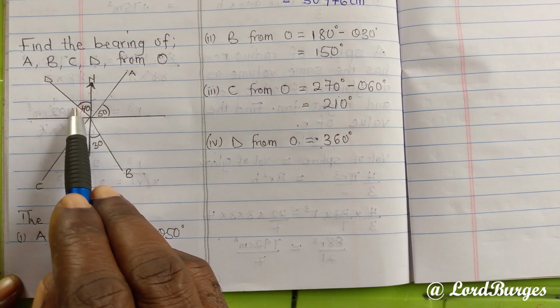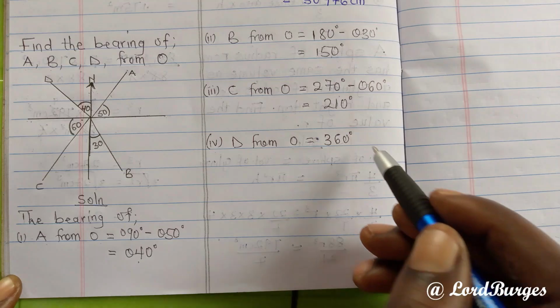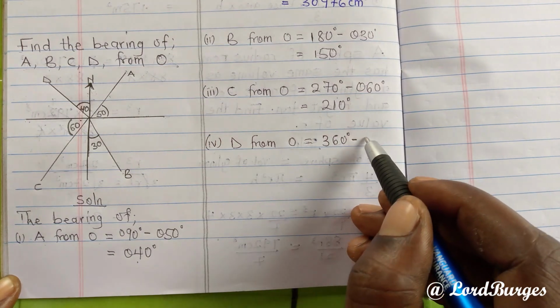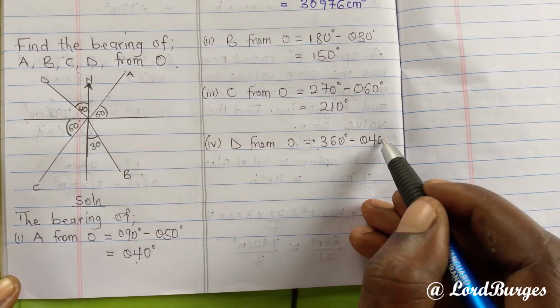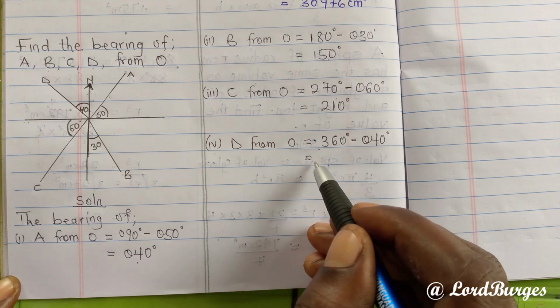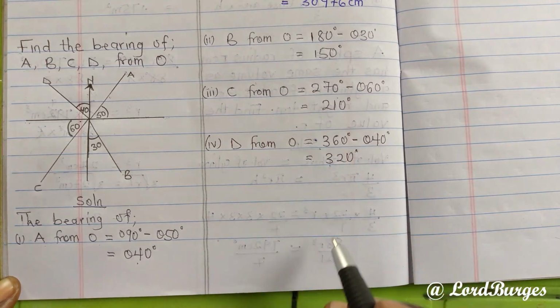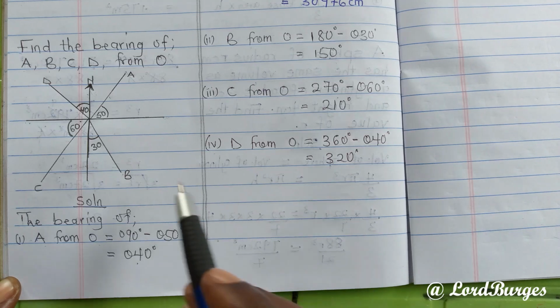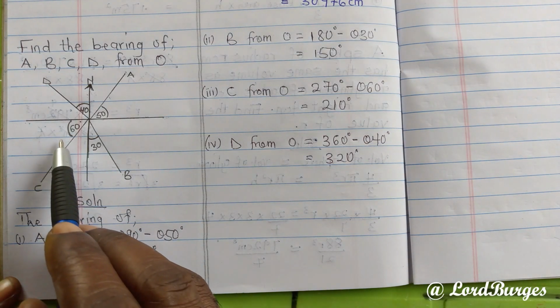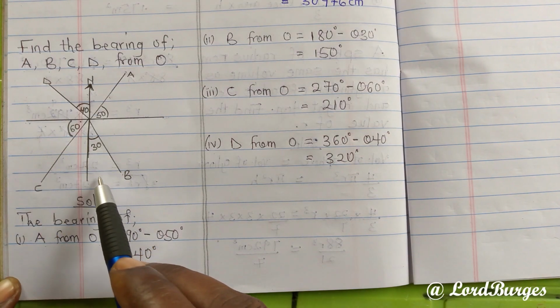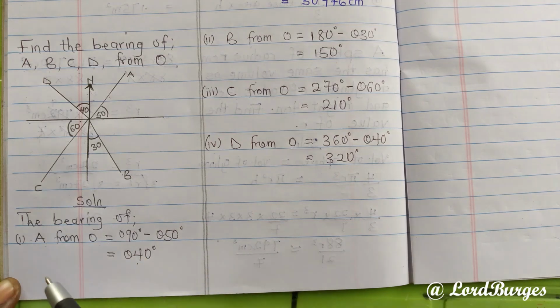It is left with 40 degrees for us to complete the circle, to make a complete revolution. So when we take the 40 degrees out of the 360, we should be left with 320 degrees. Therefore, the bearing of D from O is 320 degrees.